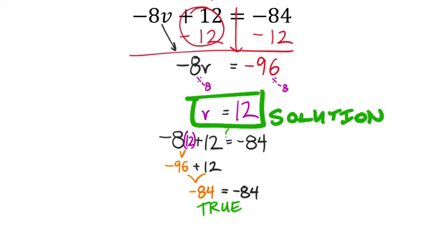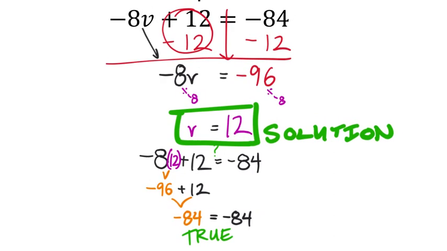Now, something else you may have noticed when we were checking, right? Remember when we did negative 8 times 12 here, and we got negative 96? That was built in to the work that we had already. Remember, negative 8v equals negative 96? Well, we just did negative 8 times v, and we got negative 96. That's why it's kind of repeating these values.